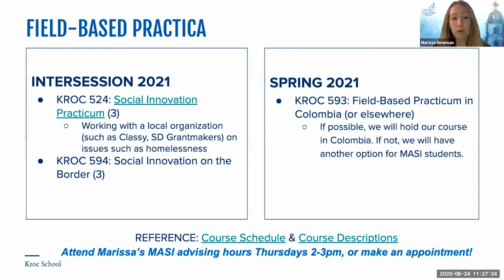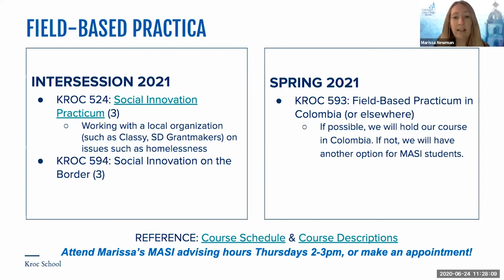The intersession courses are Social Innovation Practicum and Social Innovation on the Border. Social Innovation on the Border is pretty much self-explanatory. If you are interested in immigration and border issues, I highly recommend taking that practicum. So that's 4 weeks during January 2021. The Social Innovation Practicum, Kroc 524, the specific subject changes year to year because we partner with local organizations in San Diego that are innovating in incredible ways.